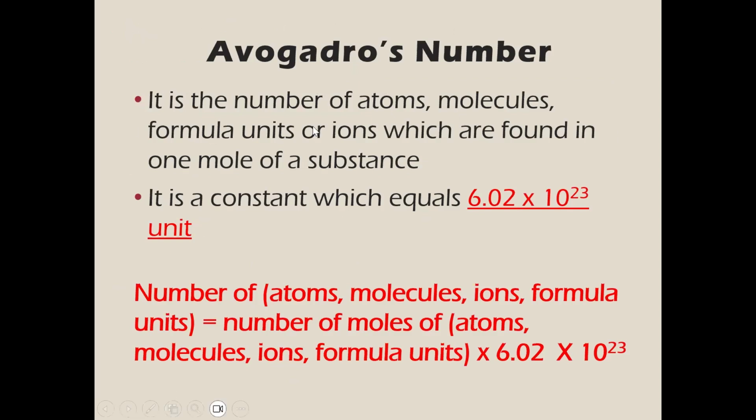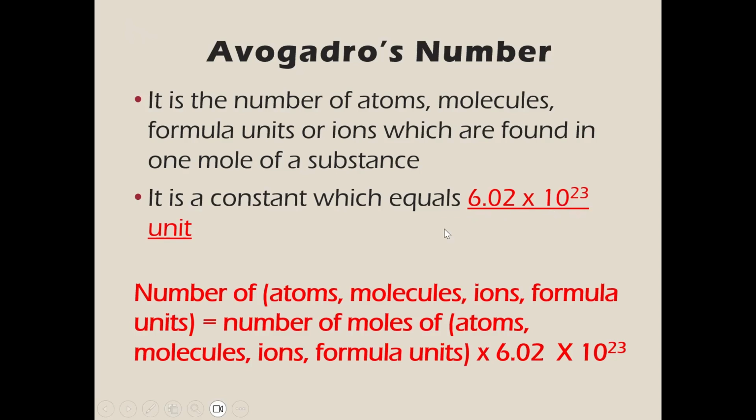Avogadro's number is the number of atoms, molecules, formula units, or ions which are found in 1 mole of a substance. It is a constant which equals 6.02 times 10 to the power 23 units, whatever the unit is. If it is 1 mole of atoms of an element, it will equal this number of atoms.